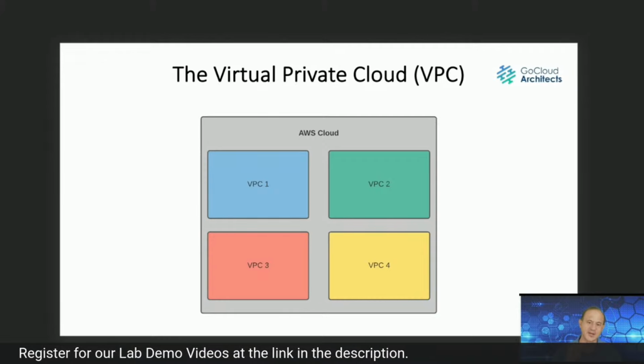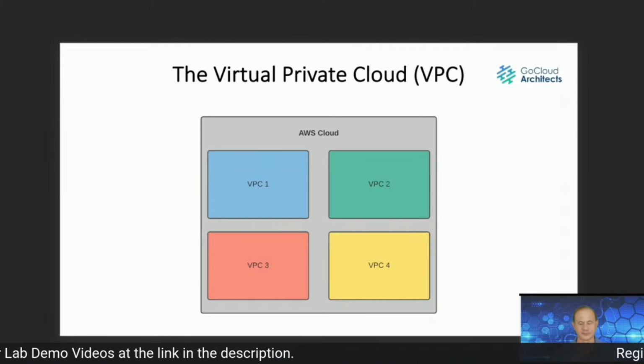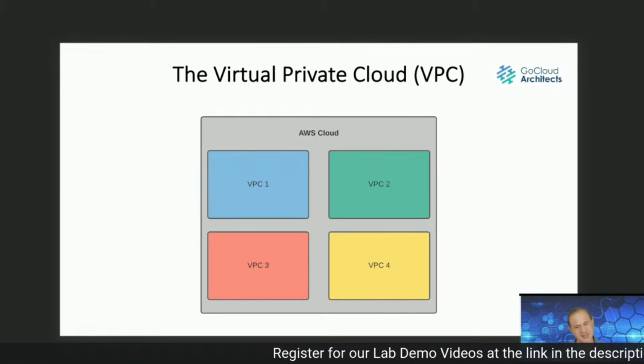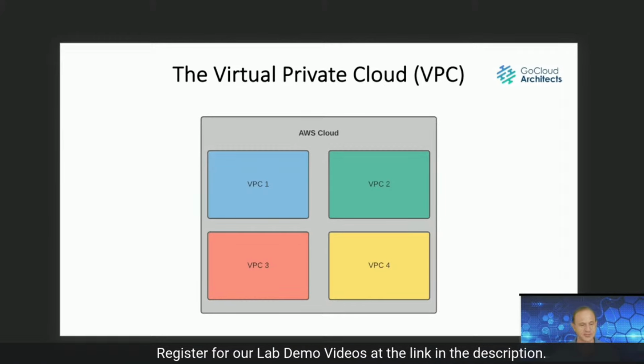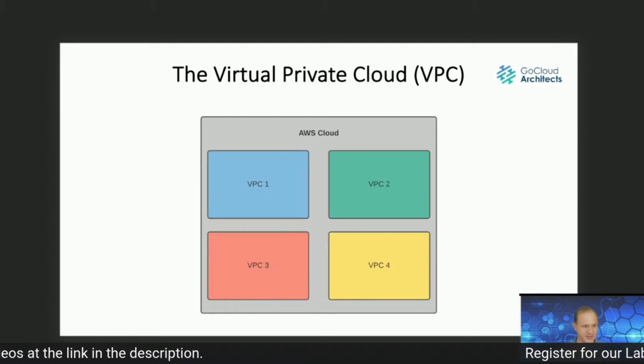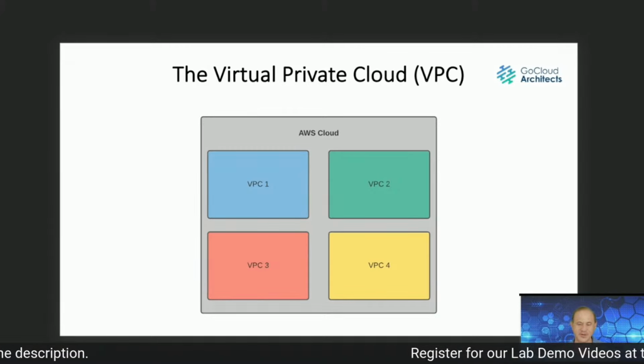But when they build the cloud, what are they really doing? They're building a data center environment. So let's say we took our data center, and we decided to chop our data center into the blue customer called VPC1, the green customer called VPC2, the peach-colored customer is VPC3, and VPC4 is just another customer, right?